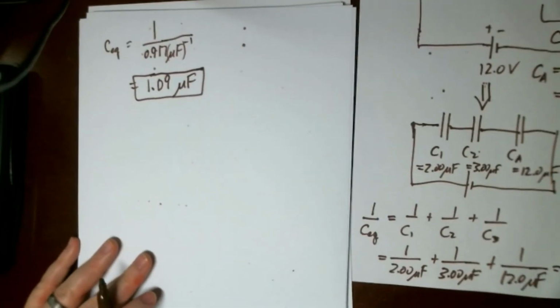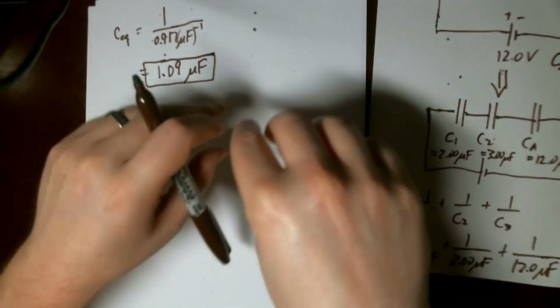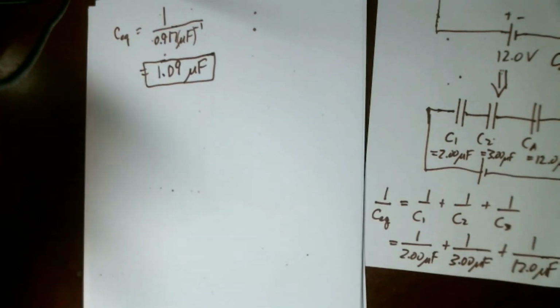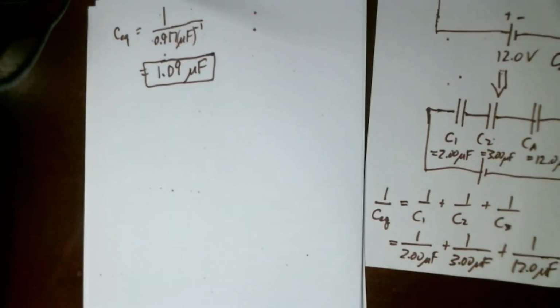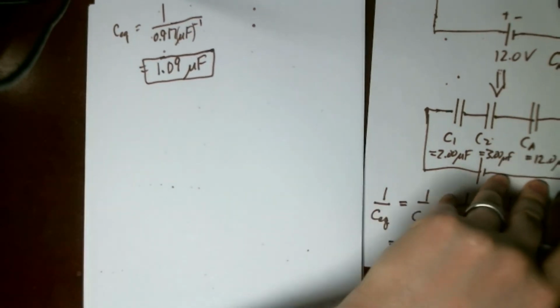So that's a general rule for circuits. You work from small bits of the circuit outwards, and if it helps, every time you redo it, you redraw the circuit. All right, so that's it for quiz number 2.